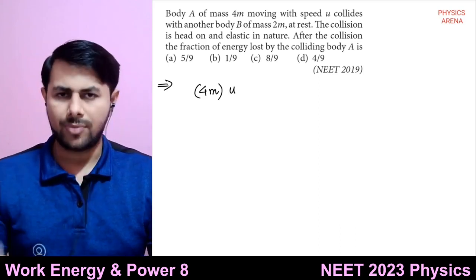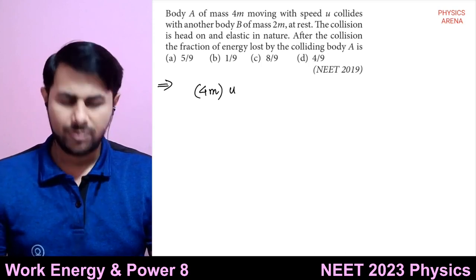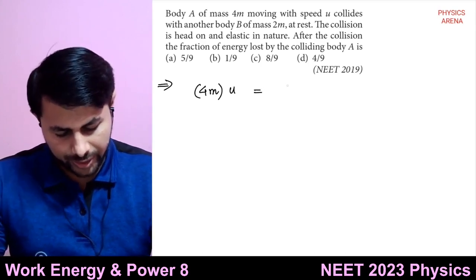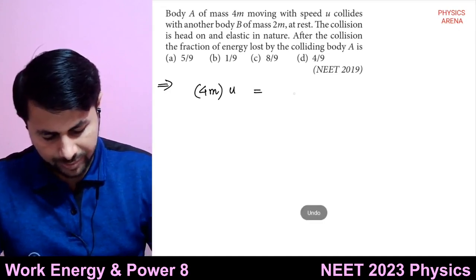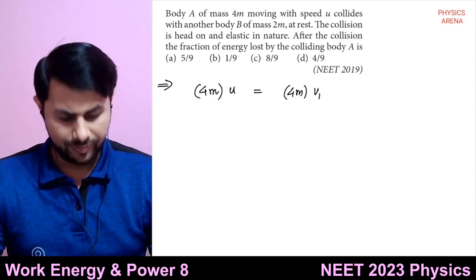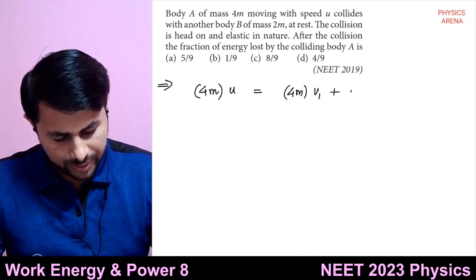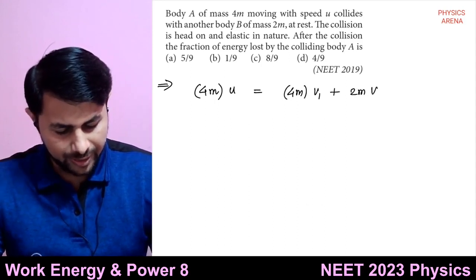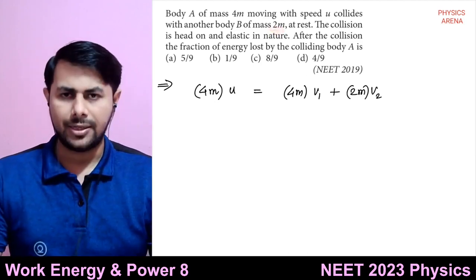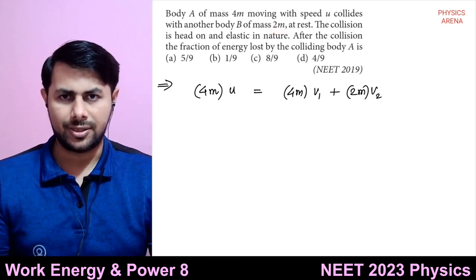So according to the law of conservation of momentum, we can write 4m times u is equal to what? 4m times, this is the mass of the first body multiplied by its velocity v1, plus 2m multiplied by v2. Mass of the second body is 2m, right? So it was at rest initially.